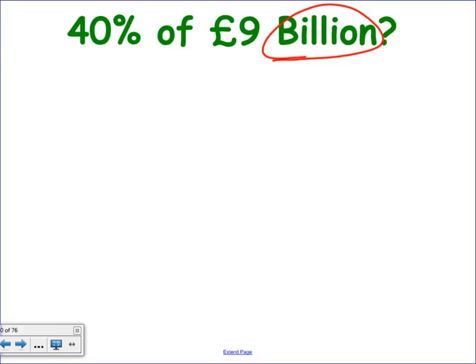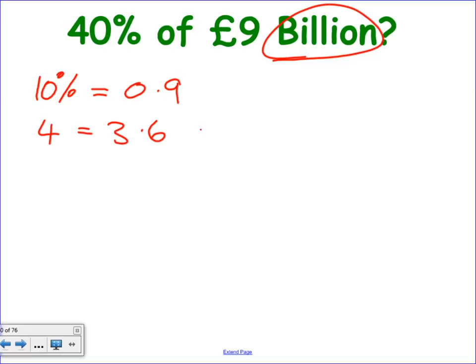So what's our rule? 10% rule. So 10% of 9 is 0.9, 90p. I'm not interested in that. I want 4 lots of it. So I'm checking, can you multiply a decimal by a number? 4 times 0.9 is 3.6.